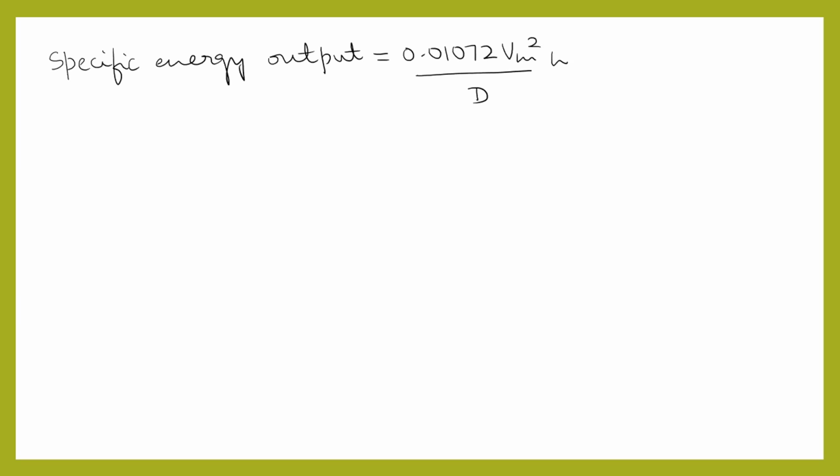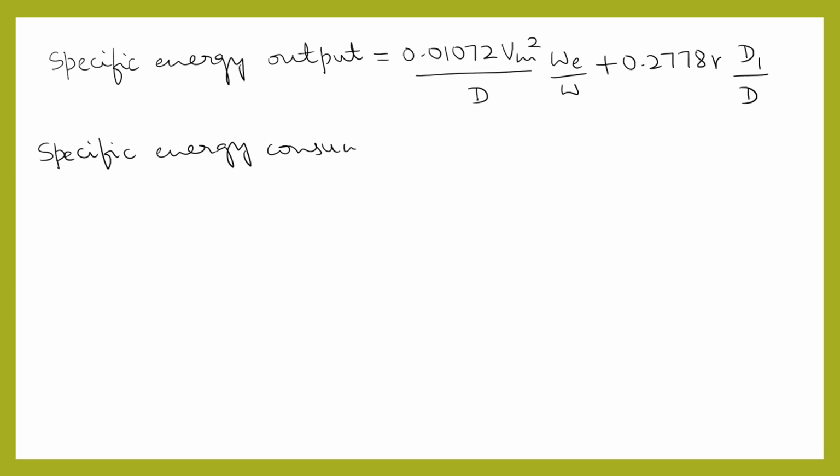So the specific energy output can be written as 0.01072 Vm square by D into We by W plus 0.2778 R into D1 by D in watt hours per ton kilometer. We have one more term, that is specific energy consumption.